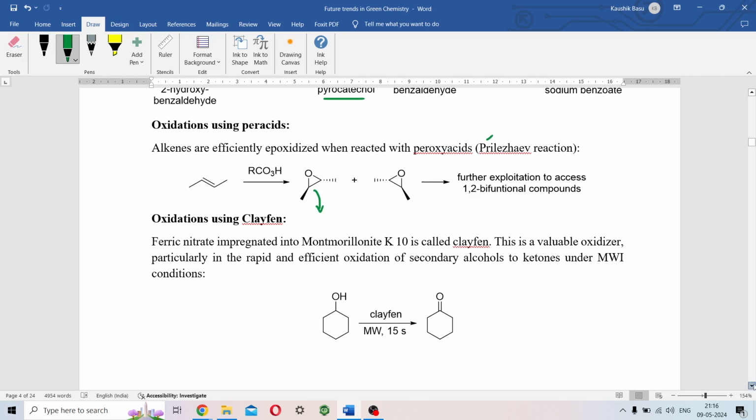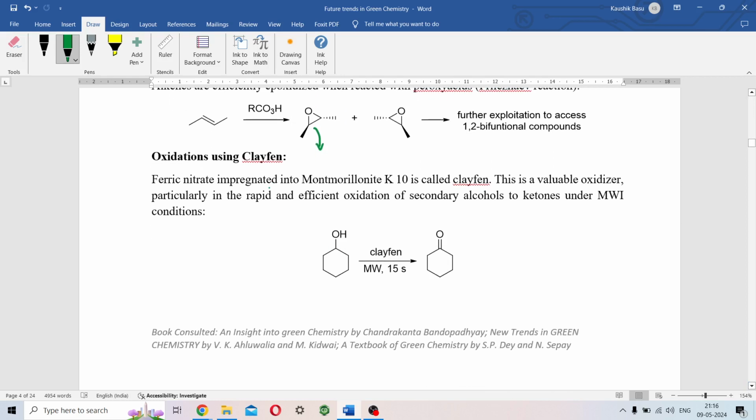Moving on to separate oxidizing agents like clayfen, which is ferric nitrate impregnated on a clay such as montmorillonite K10, and that's a valuable oxidizer, particularly for the rapid and efficient oxidation of secondary alcohols such as cyclohexanol into the corresponding ketone, cyclohexanone, under microwave irradiation condition.